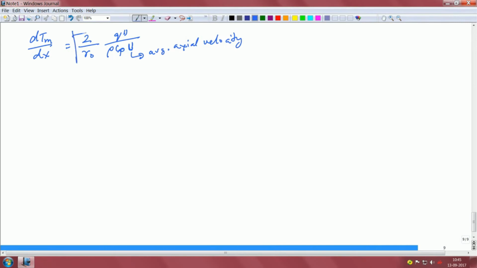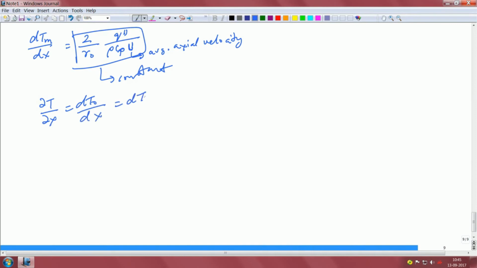Now this is therefore a constant, because Q double prime is a constant, u is the average axial velocity, which is a constant, and everything else is a constant over here. So as we wrote earlier, dT by dx equals dT naught by dx equals dTm by dx, which is equal to a constant.